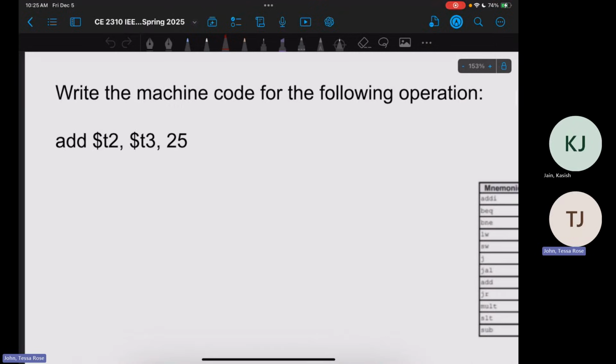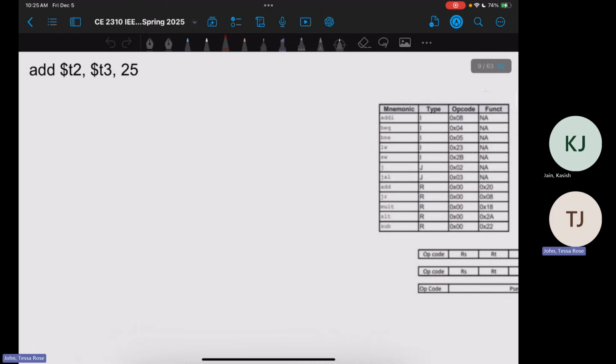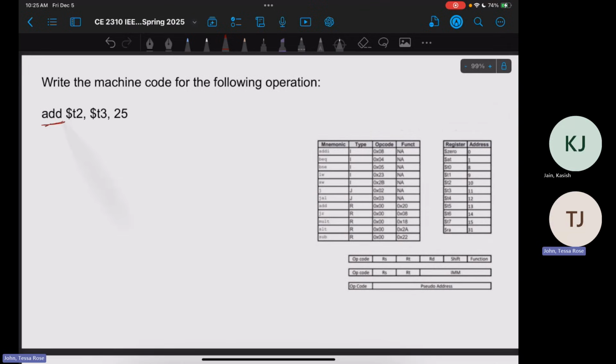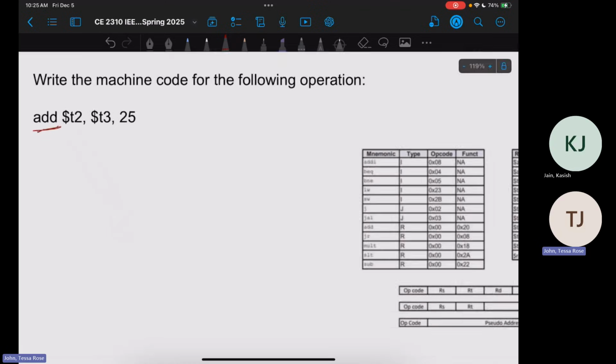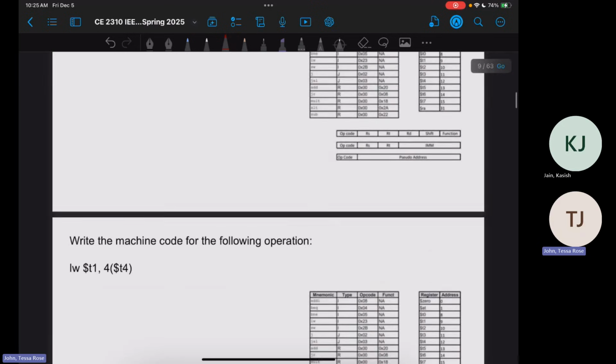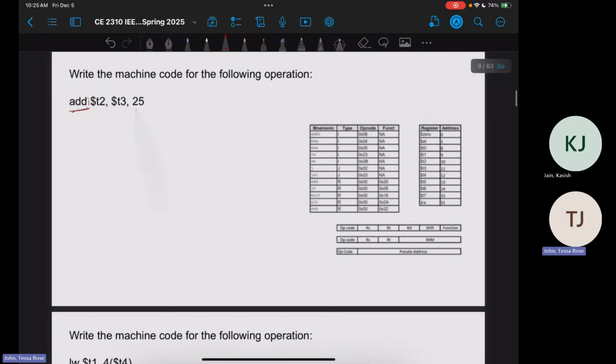So the opcode for add is... Would it be an addi command? Addi is add immediate. Well, it says 25. Isn't that an immediate? This is add. Okay. No, actually, you're right. It should be add immediate, because we have a number.